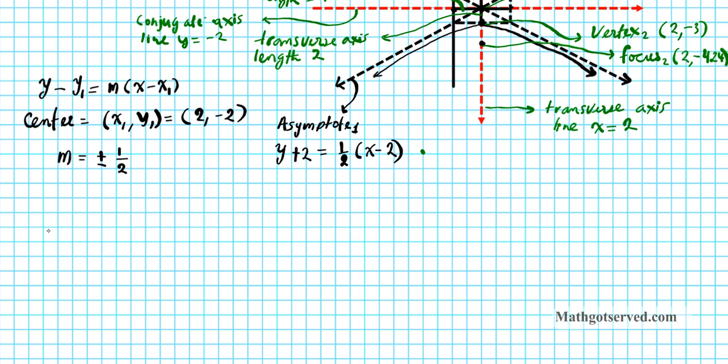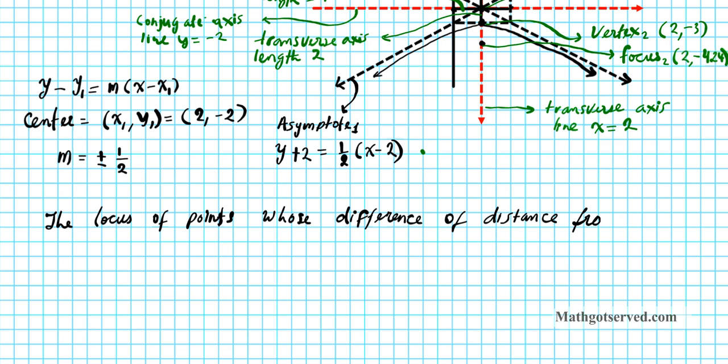The locus of points whose difference of distance from two fixed points, these fixed points are the foci.